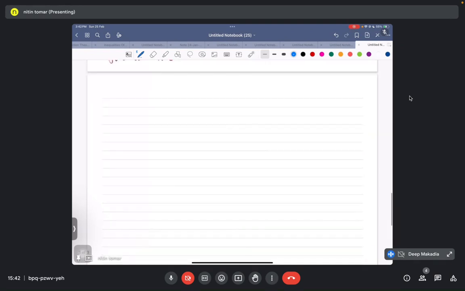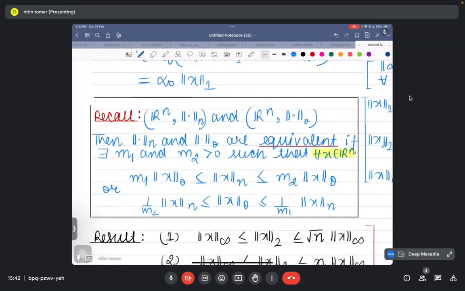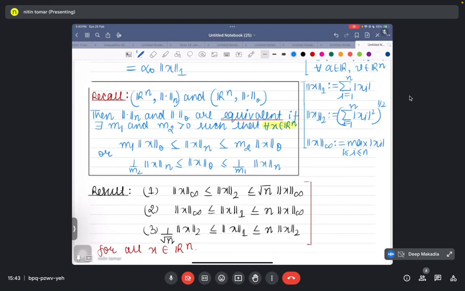What does equivalent norm say? Now you look at the definition again. It says once you have some information about the first norm, you can actually bound the second norm. Yes, exactly. Now you see the first result. What does it say? It says if you know the infinity norm, and the other way is also true from one only, right?